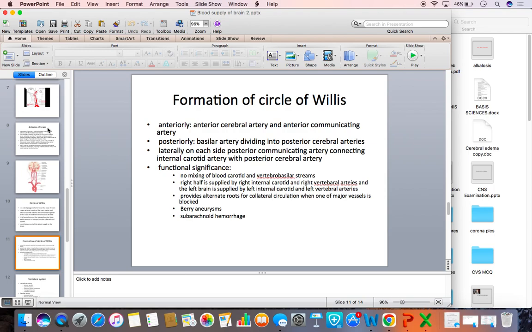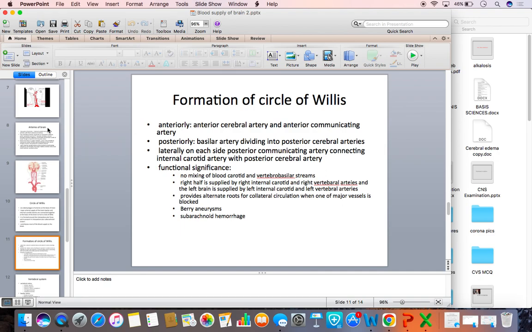When there is a vascular block, the circle of Willis provides the alternate route of collateral circulation to the brain. This is a very important role played by the circle of Willis network.